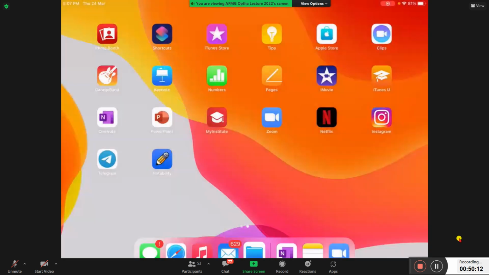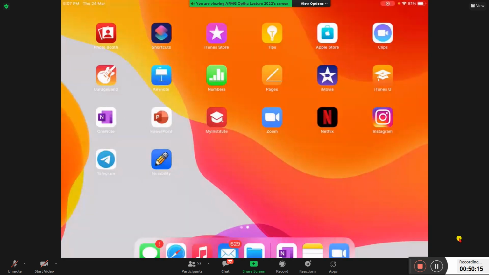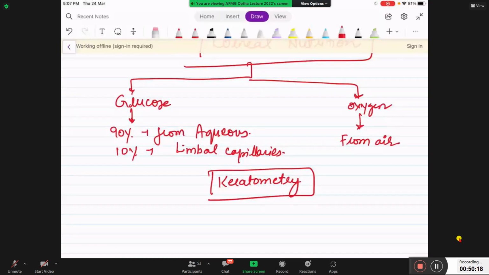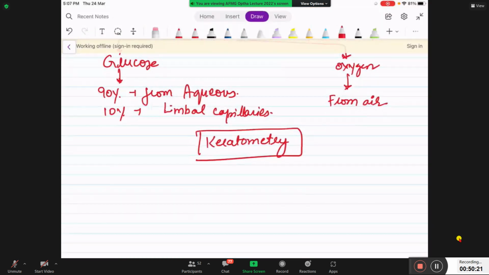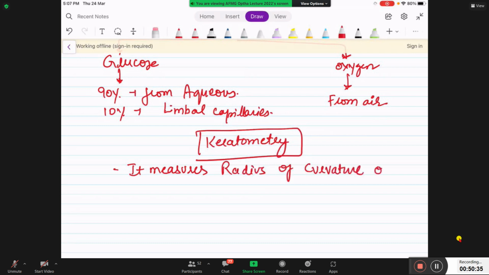Okay. Now, coming back to the theory, we were discussing keratometry. The new terminology has come now. Write down what is keratometry. Keratometry measures the radius of curvature of the anterior corneal surface. The important point is that you have to remember anterior here.